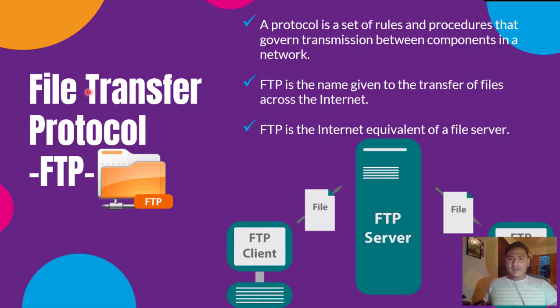The other main service provided by the internet is File Transfer Protocol. Now this is very important. This is known as FTP. A protocol in this case is a set of rules and procedures that govern transmission between components in a network. Each network has a set of standards for transmitting information, so that computer A located in Germany, for instance, can understand information coming from computer B located in Belize, or computer C located in France or Brazil.